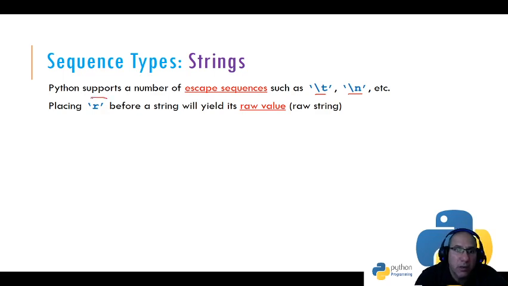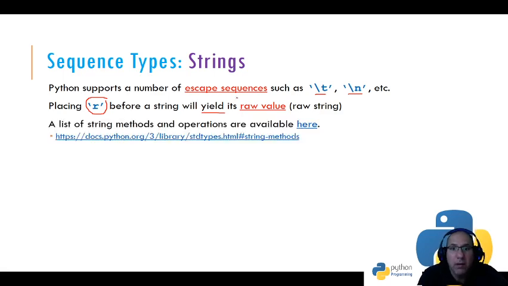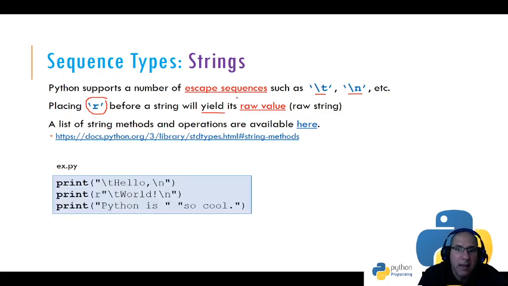In order to do this, we can put an r before the string literal. This will give us a raw string and disable these escape sequences and their meaning. You can also find out about them in the link that I gave you.